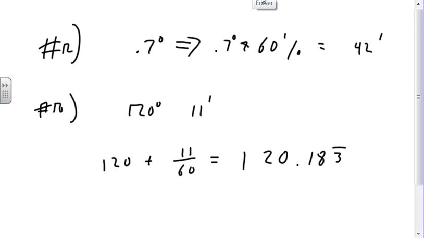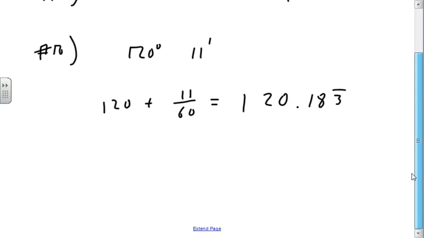Okay, number 20. Anybody know what number that was? That was 16. Oh, much better. Number 20. I've got 7 2/5 degrees.